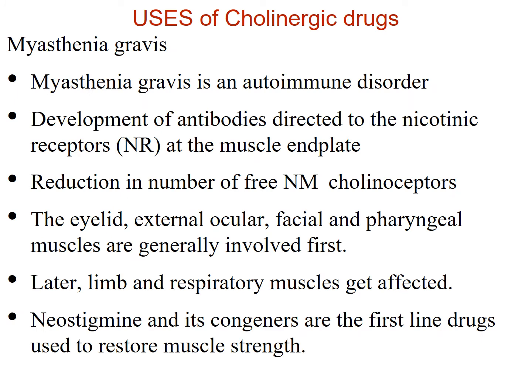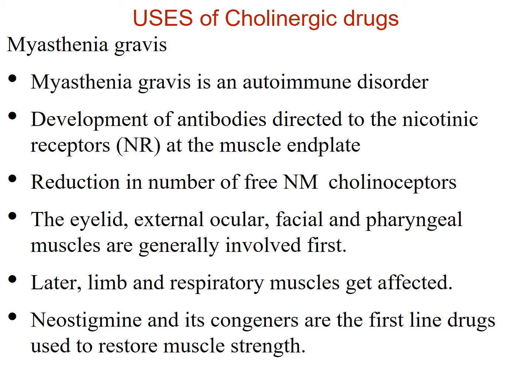Now moving to another use, that is myasthenia gravis, an important disease. Myasthenia gravis is an autoimmune disorder which occurs because of the development of antibodies to the nicotinic receptors at the muscle end plate. Because of this, the number of free nicotinic receptors is decreased.